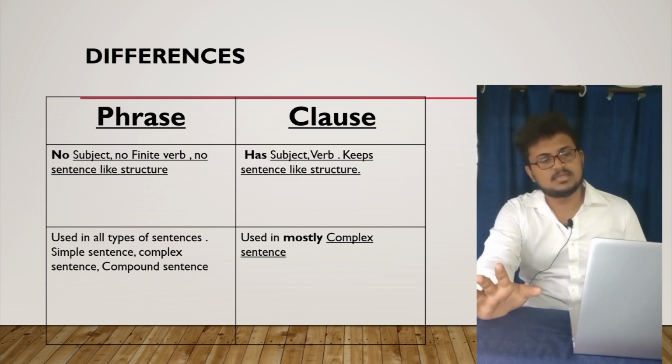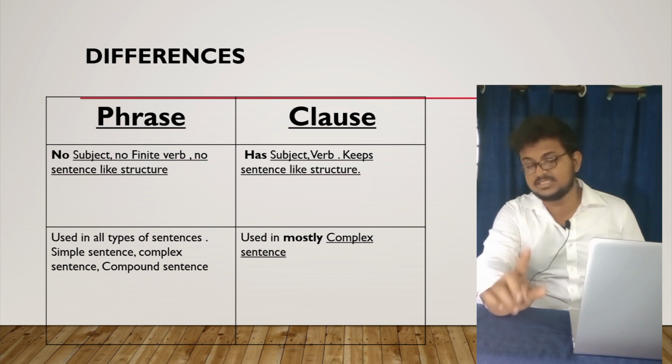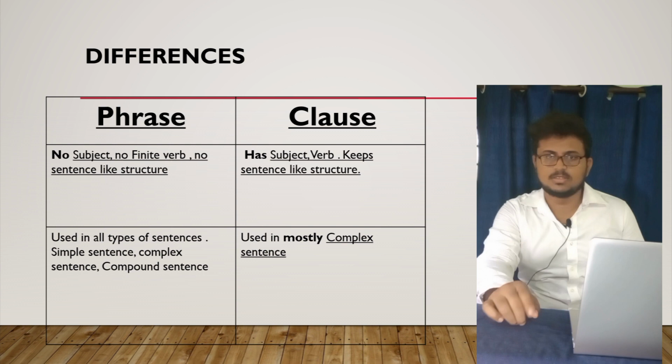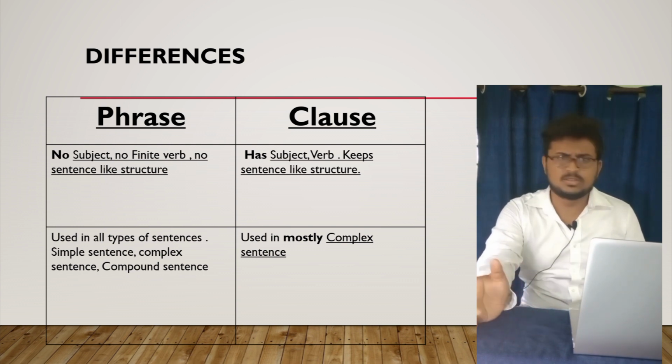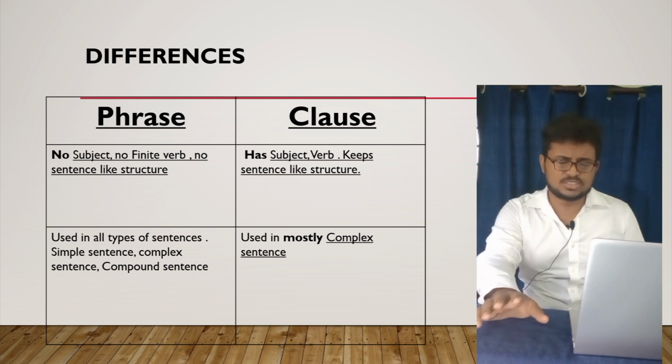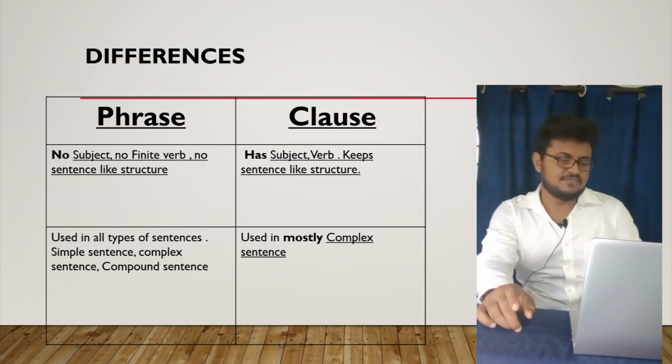A clause has a subject and a finite verb. A phrase does not have a subject, and does not always have a verb. Phrases are generally used in simple, compound and complex sentences, all three types, but clauses are mostly used in complex sentences. Those are the two differences I want to tell you, because they are important.